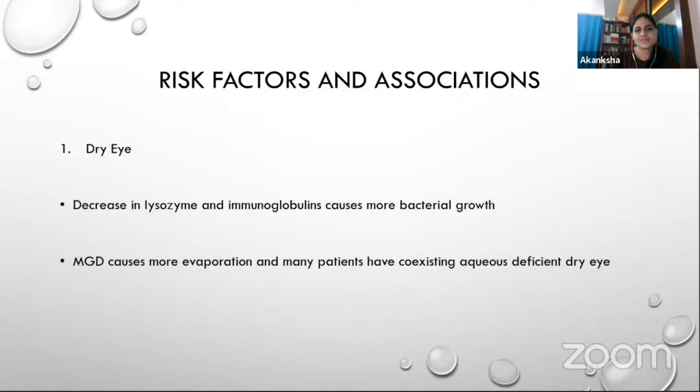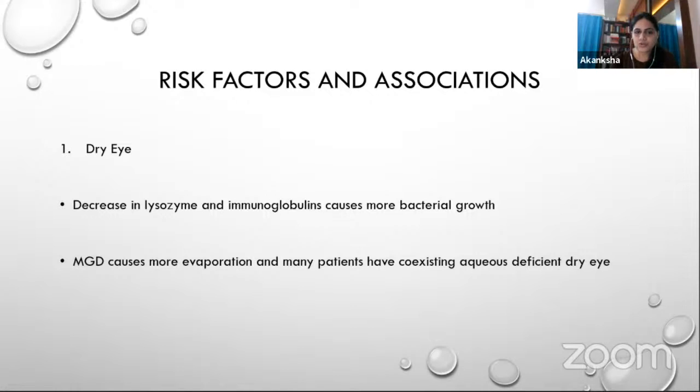Now, Meibomian gland dysfunction in itself has some risk factors and some diseases that it's associated with. Dry eye is a very interesting component of this because dry eye is said to have a cause as well as effect relationship with Meibomian gland dysfunction. How that happens is that patients who have dry eye are said to have less lysozymes and immunoglobulins, and therefore they have more bacterial growth, which is how they develop Meibomian gland dysfunction.